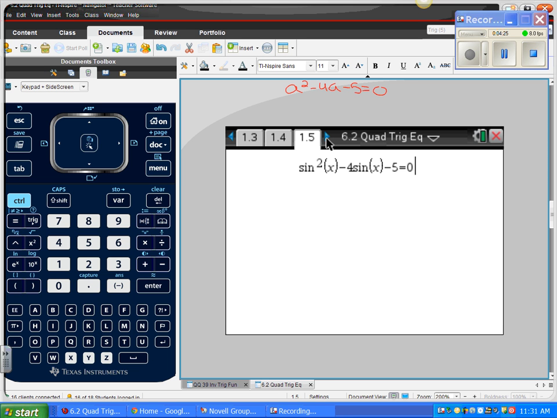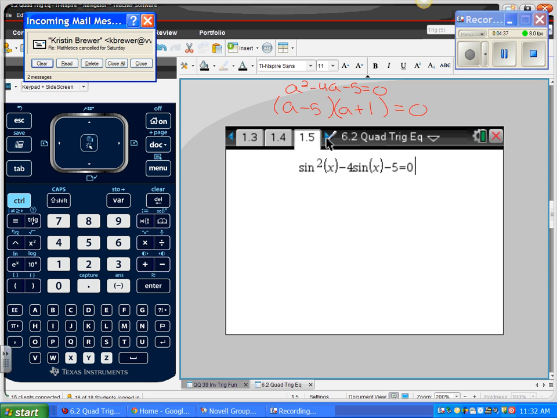So, how do they factor? Okay, a minus 5, a plus 1. Good. If you need the a to help you out to factor it, awesome. Once you have it factored, you need to put the sine back in, okay? So, what's it going to be? Sine x minus 5, yeah.